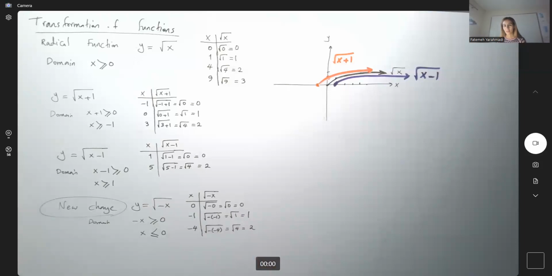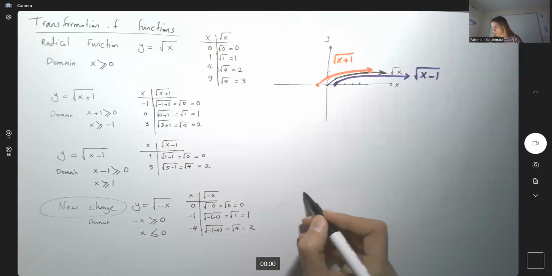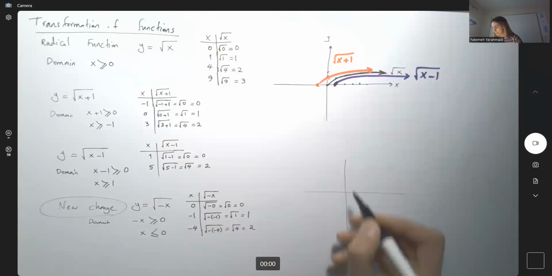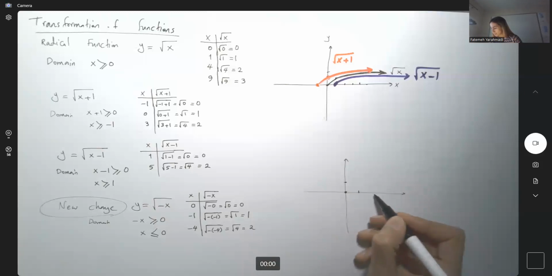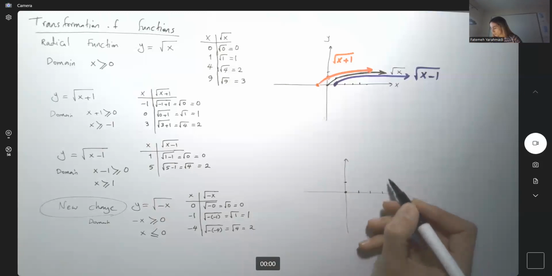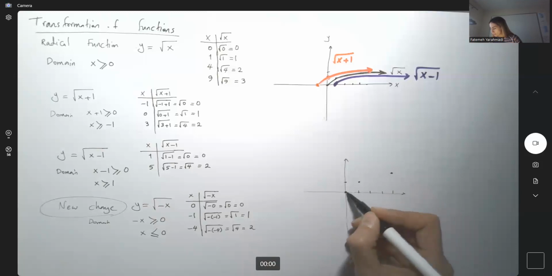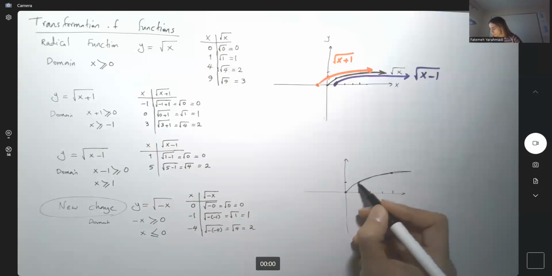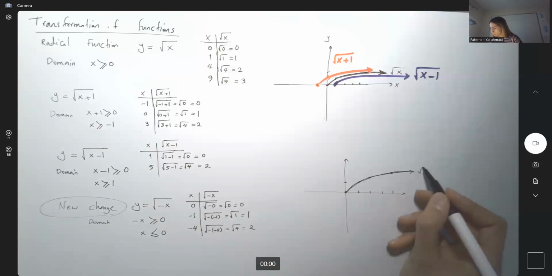Well, let's see what happens here. 0 and 0, negative 1 and 1. So I'm going to graph this right down here so you have a better understanding of the behavior of this function. 1 and 1, 0 and 0, 2, 3, 4, 4 and 2. So this is my square root of x.